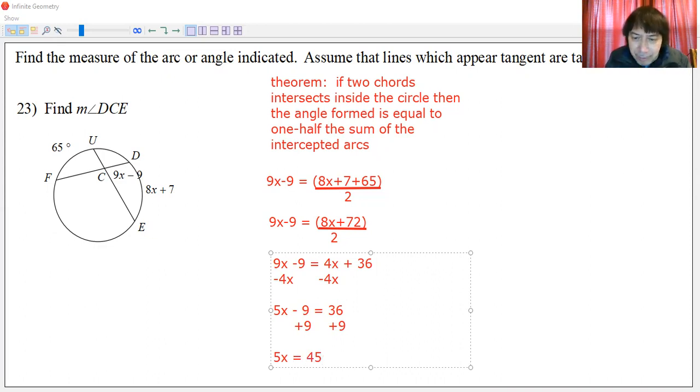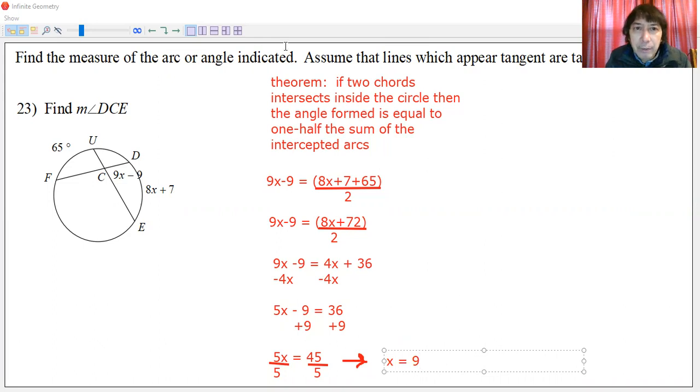We divide by 5, x is 9. So we will complete our solution, and we'll put an arrow there, and x is equal to 9.